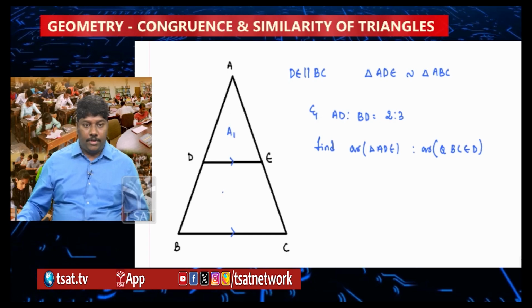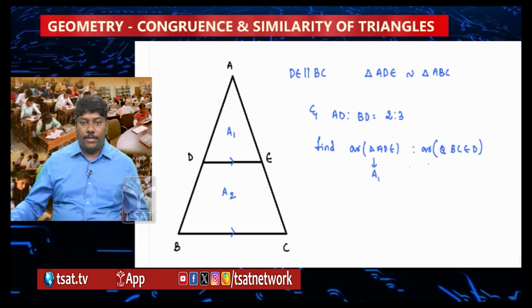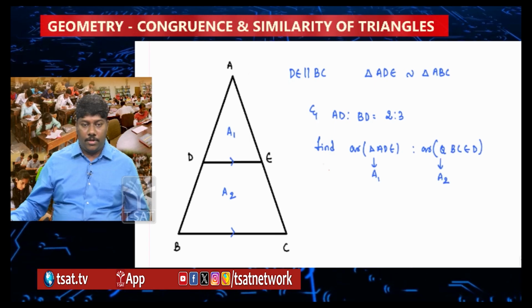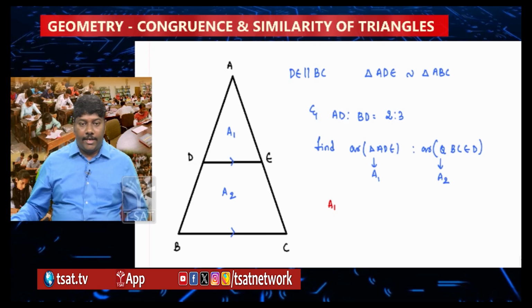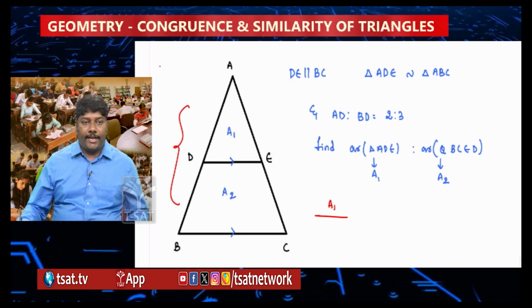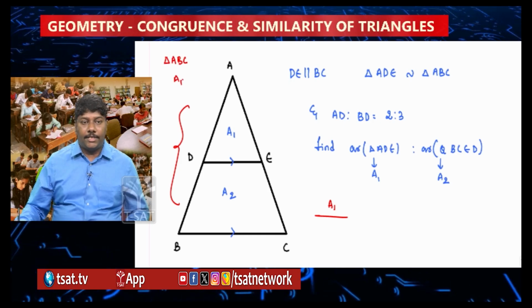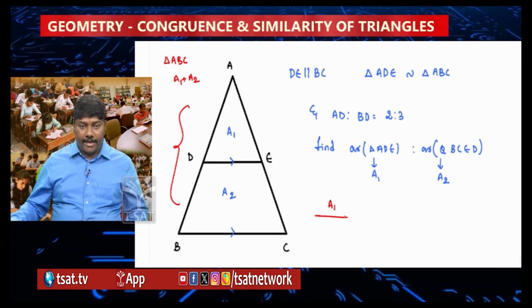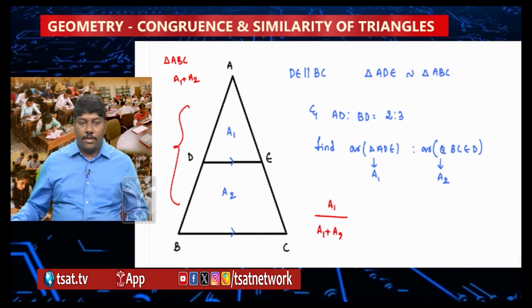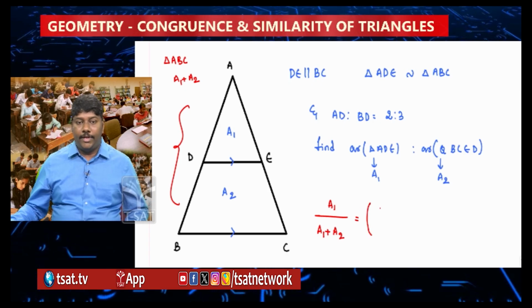Now see, assume that this is area 1, this is area 2. As we know, area 1 is a smaller triangle, area 2 is a quadrilateral. So what is the bigger triangle area? The whole triangle ABC becomes area 1 plus area 2. So small triangle is area 1, bigger triangle is area 1 plus area 2. Ratio of their areas is the square of ratio of their sides.